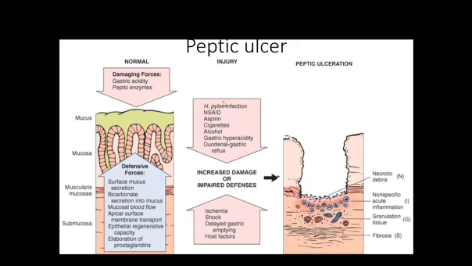Now, in pathological conditions, either there is H. pylori infection or excessive intake of NSAIDs, such as aspirin, cigarette, or alcohol. These things inhibit the production of prostaglandins, which is mainly a protective mechanism.